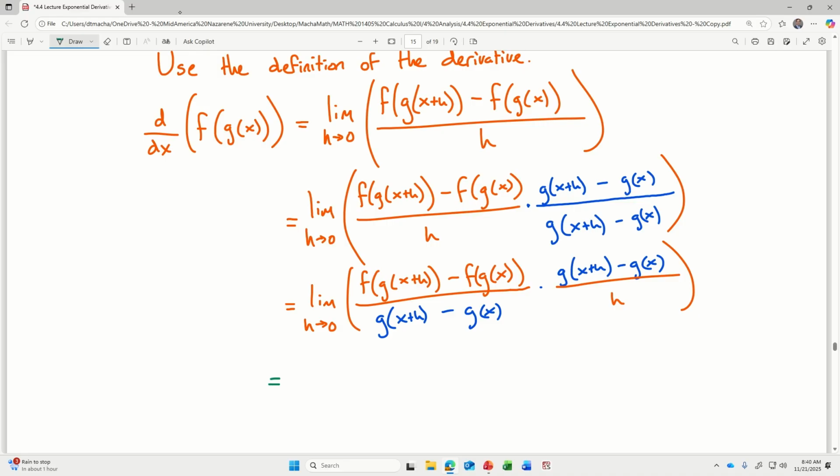And I can separate these limits. I didn't leave enough room for me to write here, but I can separate this limit where I'm multiplying these two factors in my product.